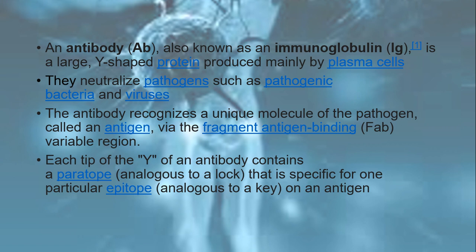Each tip of the Y of an antibody contains a paratope, which represents a lock, and it is specific for one particular epitope which is present on the antigen, and it represents the key. This is why we say that they bind together in an interlocking manner and they look like a key and its lock.